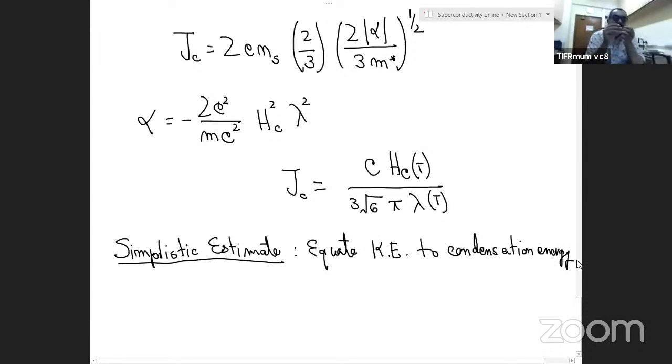See, when the kinetic energy is larger than the condensation energy, then of course the superconductor should get excited to the normal state. That is common sense. So, can anyone tell me what critical current I will get from that estimate?